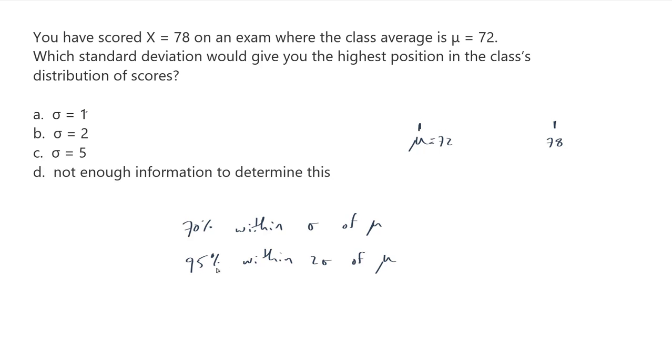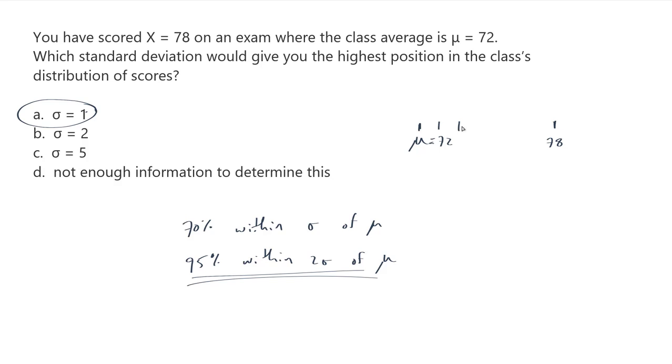95% are within 2 standard deviations of the mean. So think about it like that. If I had a standard deviation of 1, then 95% of my scores are going to be within 2 of the mean.